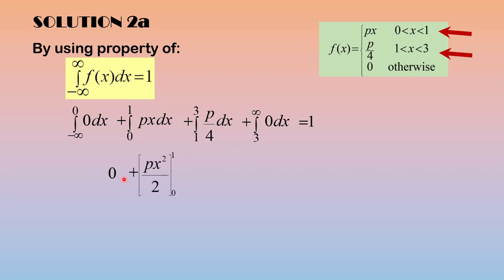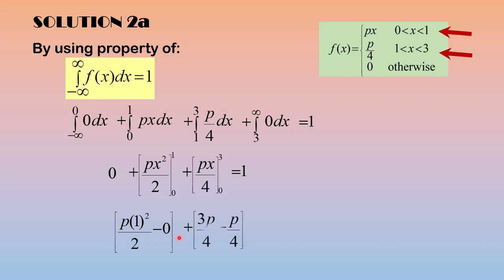Simplify, we will get the integral of px with respect to x. We have px squared over 2 from 0 to 1 plus the integral of p over 4, which gives px over 4 from 1 to 3, equals 1. Now we substitute the values for 1 and 0, and we substitute the values for 3 and 1, equals 1.